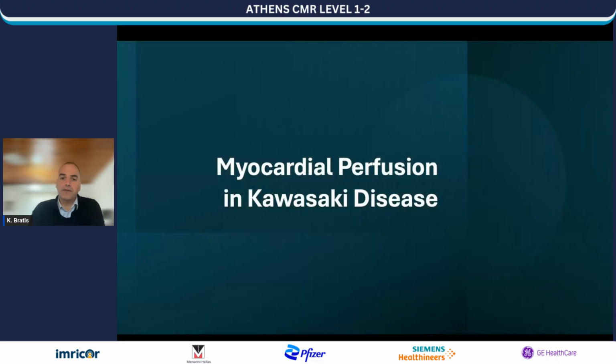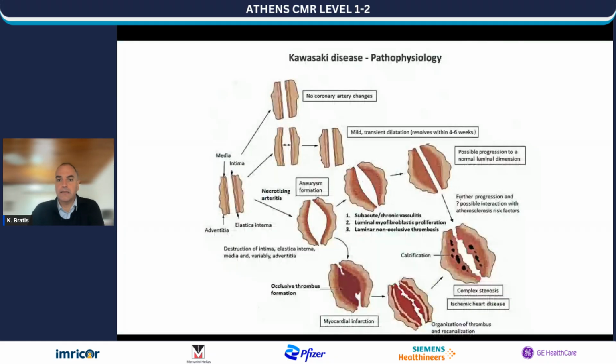Let's move on to myocardial perfusion in Kawasaki disease. Kawasaki disease has a distinct pathophysiology with gradual intima hyperplasia and media destruction leading to endothelial dysfunction, calcification, and possible intraluminal thrombus formation.